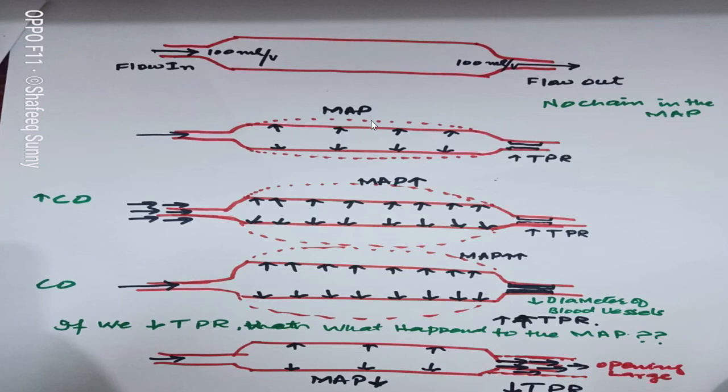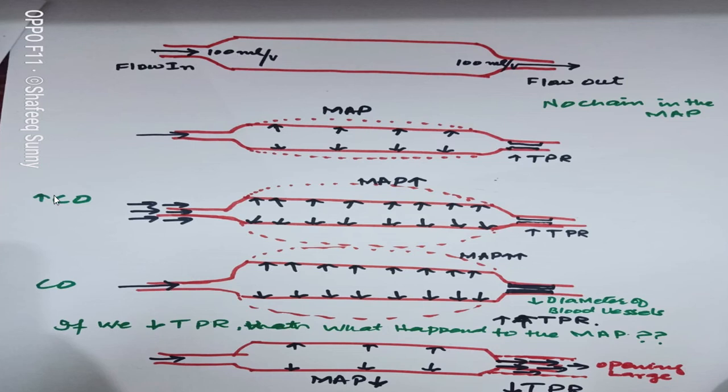What will happen? The mean arterial pressure exerted on the wall of the vessels will be increased. This dotted line shows the increase in the mean arterial pressure.